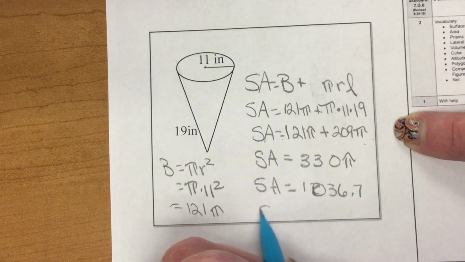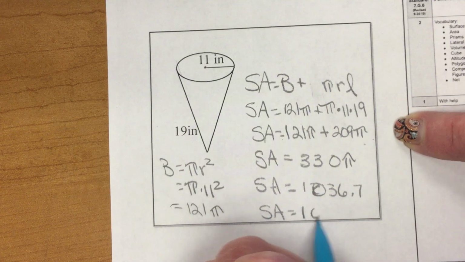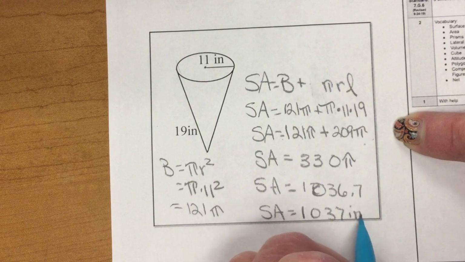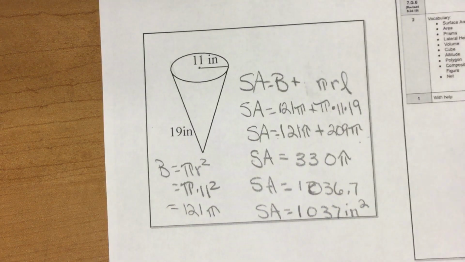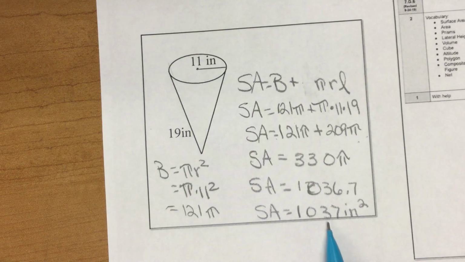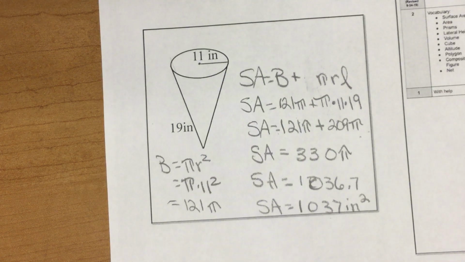So if I round to the nearest whole, 1,037 inches squared. And again, be careful because the directions will tell you in the problems what to round to. This is rounded to the nearest whole square inch.